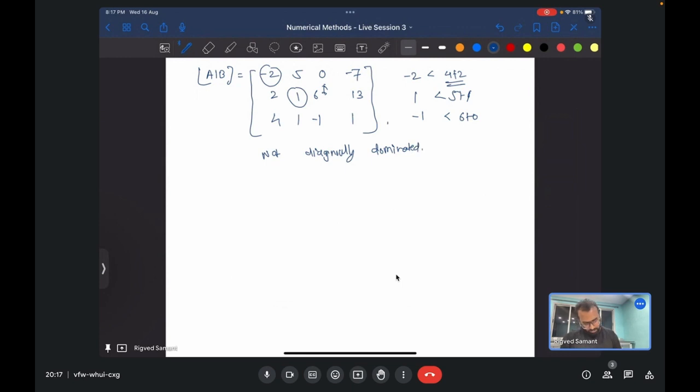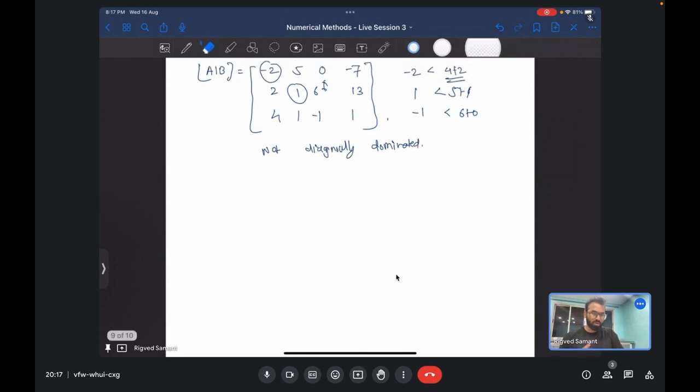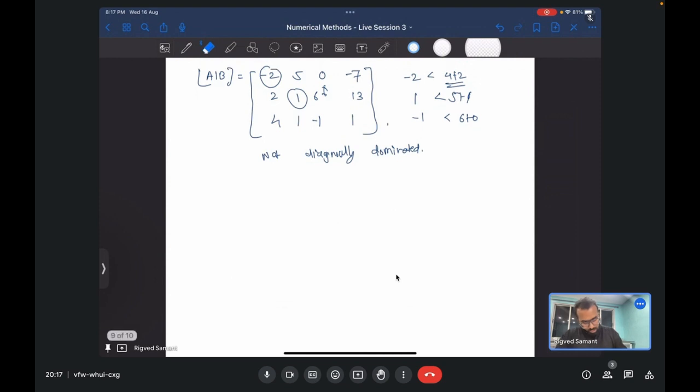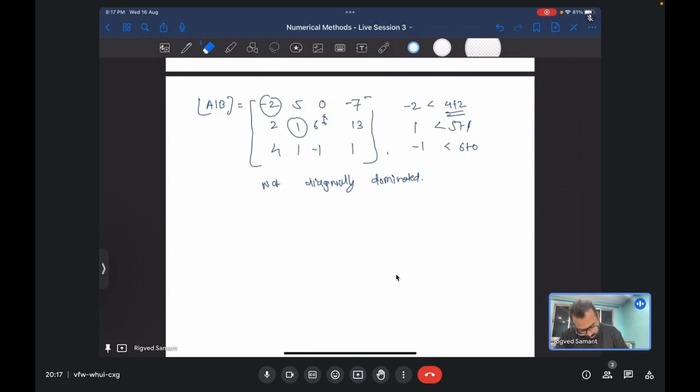In this case, if we go through the procedure, this equation is 1, this equation is 2, this equation is 3. The first will give you the equation of x.